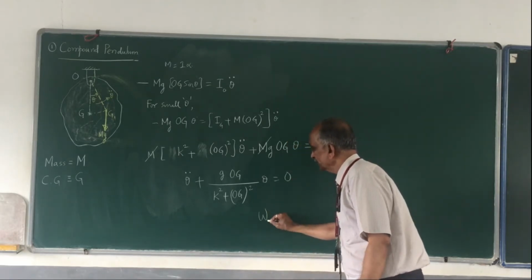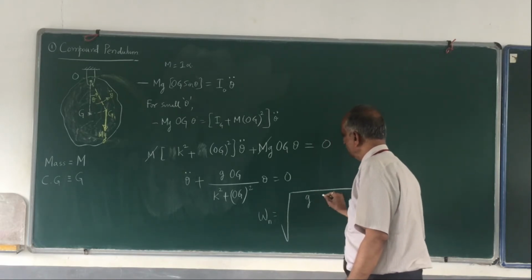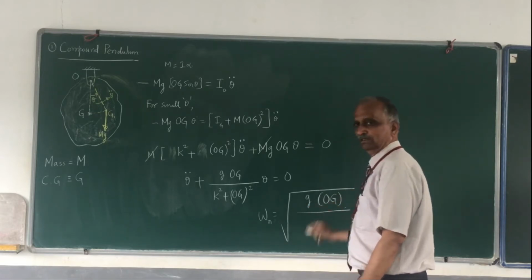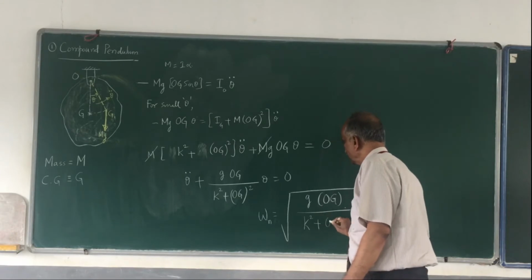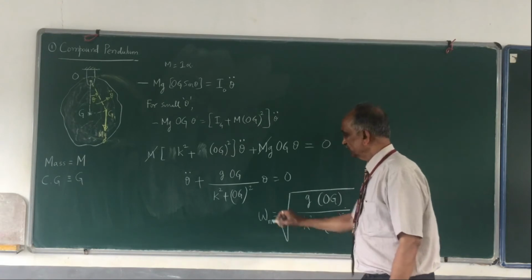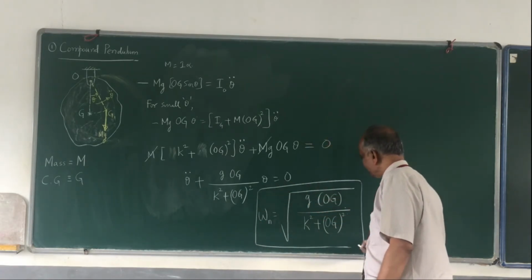Therefore, omega n is equal to the square root of g into the distance OG, divided by k square plus OG square. This is the expression for natural frequency.